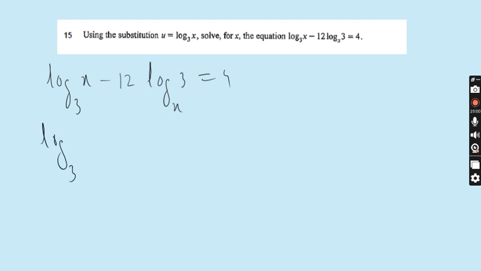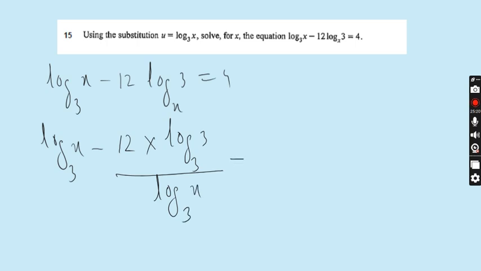Log 3x is equal to u. Log x3 converted by applying the change of base rule will be log 3 3 upon log 3x is equal to 4.